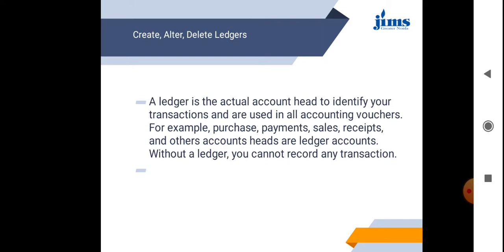If we discuss the utility of the ledger, basically the ledger is a master record of all the accounts of the business unit. It is called the principal book of the double entry system of accounting, which provides all the important information.